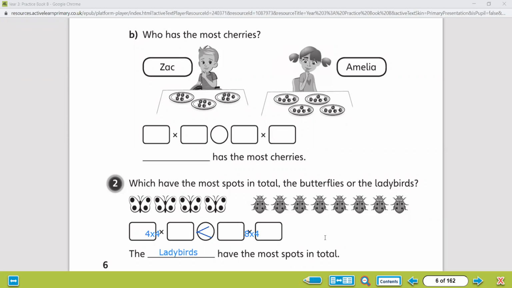Ladybirds have the most spots in total. I'm going to clear all those drawings and we're going to go to the next page.